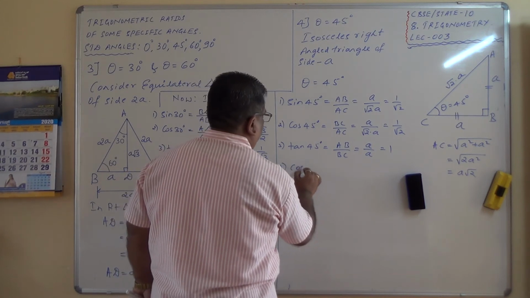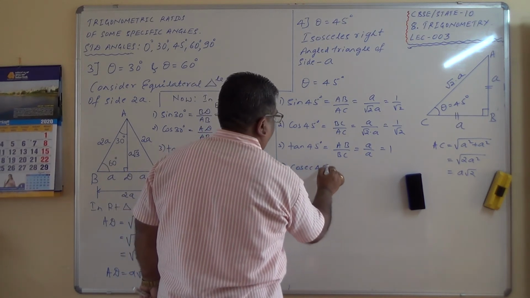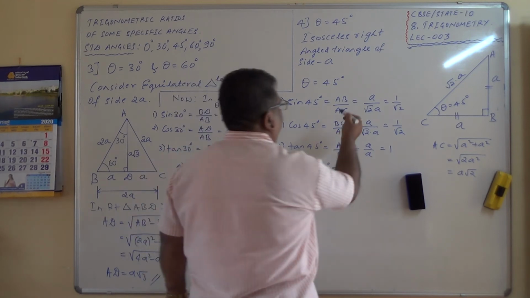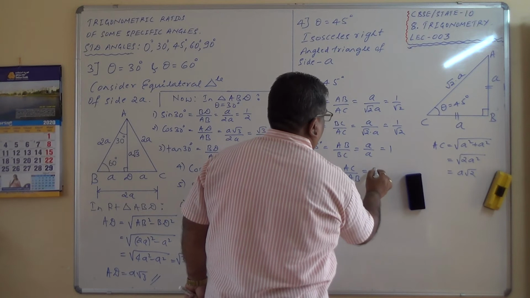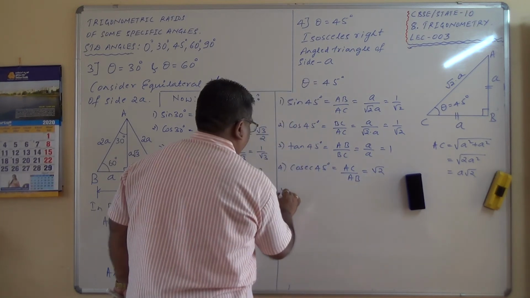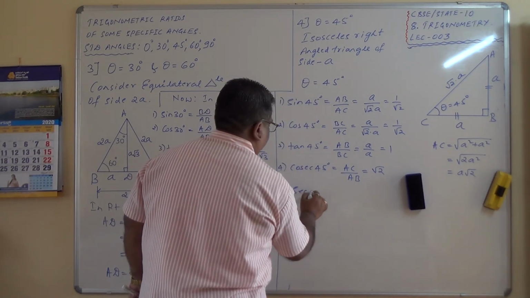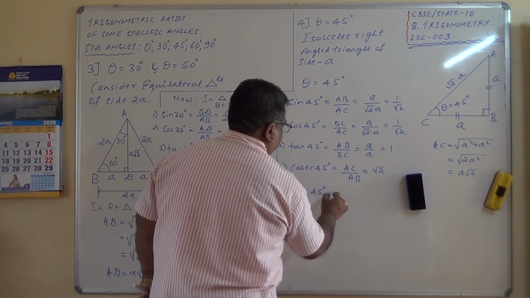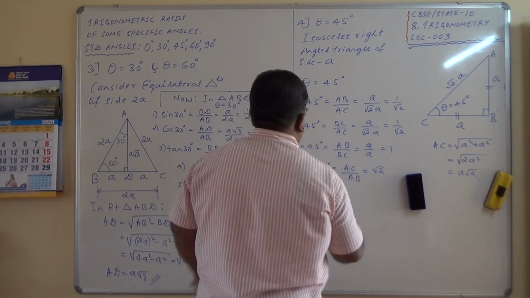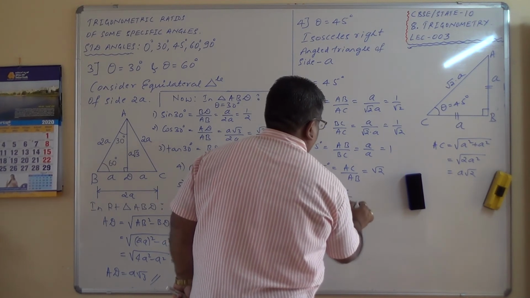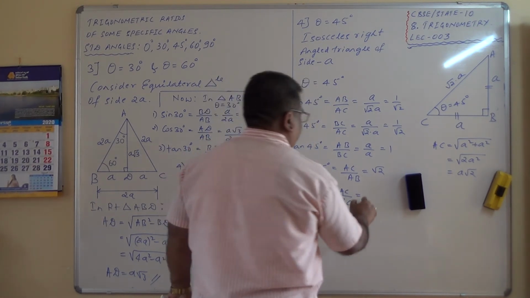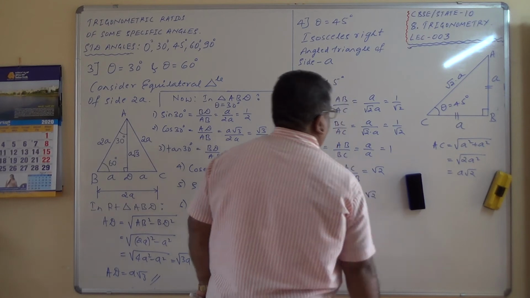Fourth one, cosecant 45 degrees is the reciprocal of sine, which is root 2. Fifth one, secant of 45 degrees, reciprocal of cos 45, AC by BC, which equals root 2.